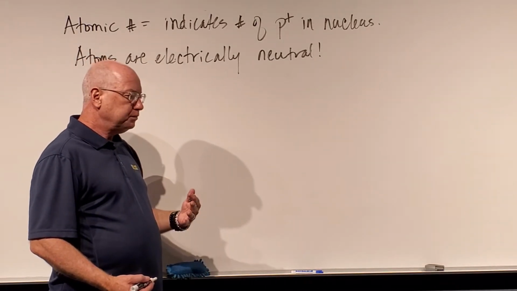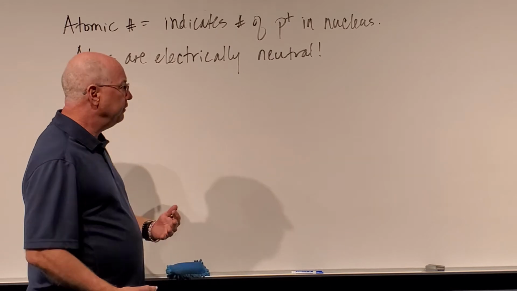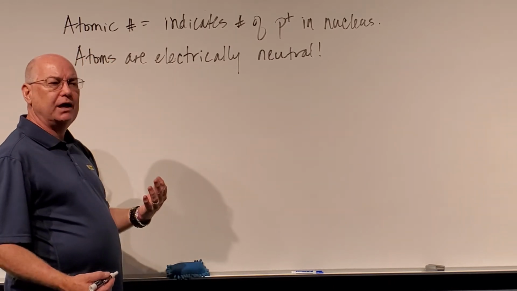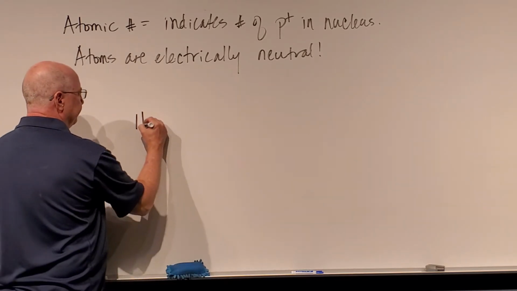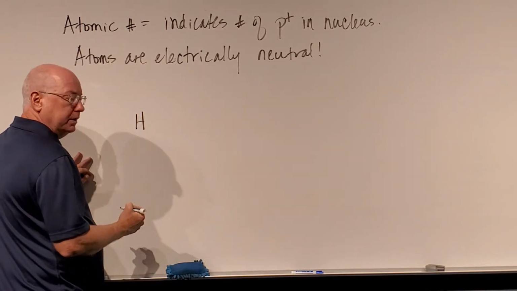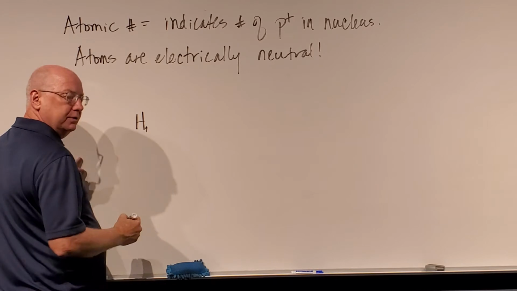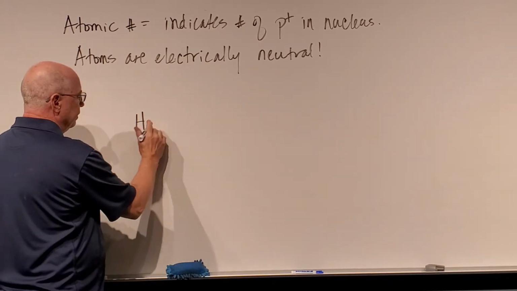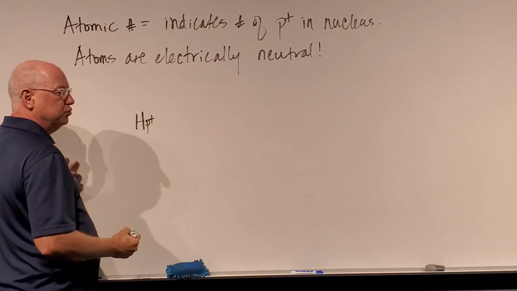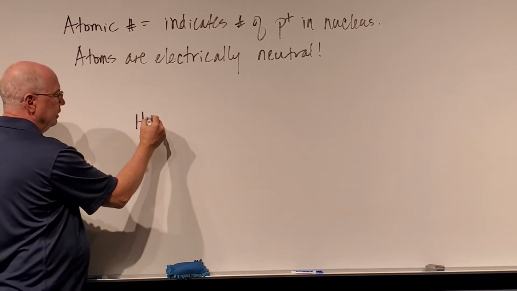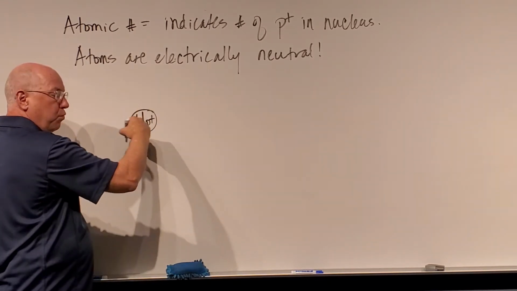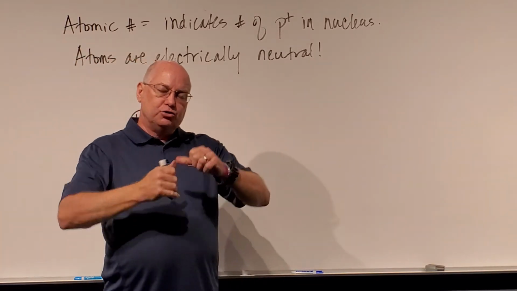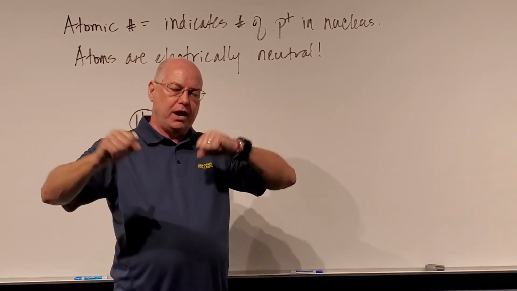One good example I want to draw out for you is a hydrogen atom. The chemical symbol for hydrogen is H. Hydrogen has the atomic number 1. That means it has 1 proton in its nucleus. And around the nucleus of an atom is where all the electrons are whizzing around.